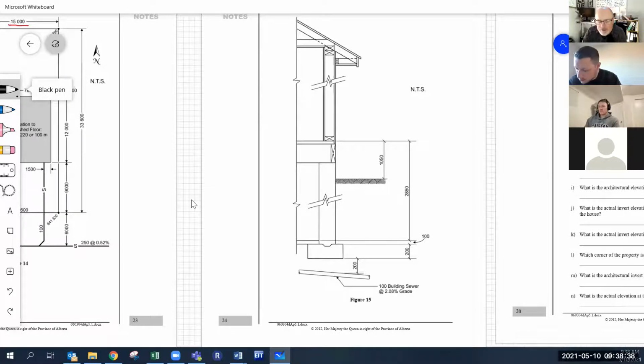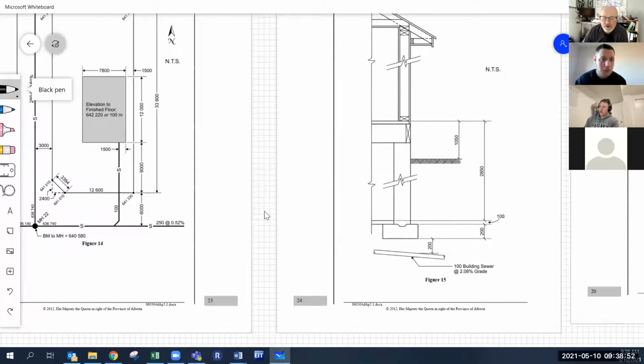Now, the next question, what is the architectural invert elevation of the building sewer at the property line? So before I can carry on, look at what our grade is. Right here, our grade is 2.08% on our building drain or building sewer.